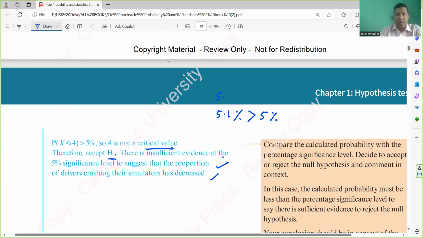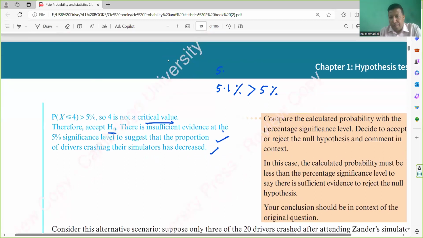Okay, so compare the calculated probability with the percentage significance level. Here our significance level is 5%. Decide to accept or reject. As it is greater than 5%, we accept the null hypothesis.